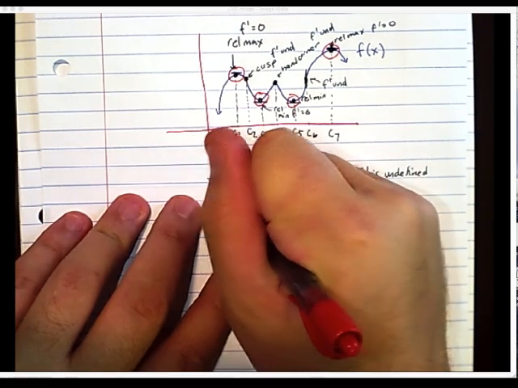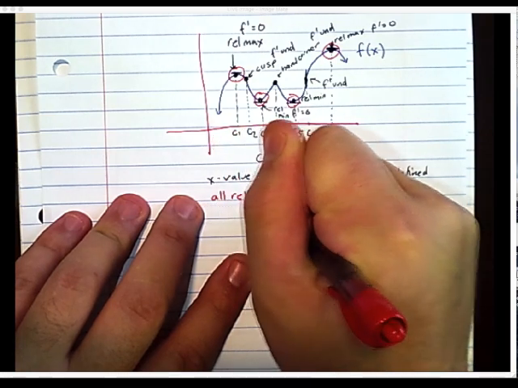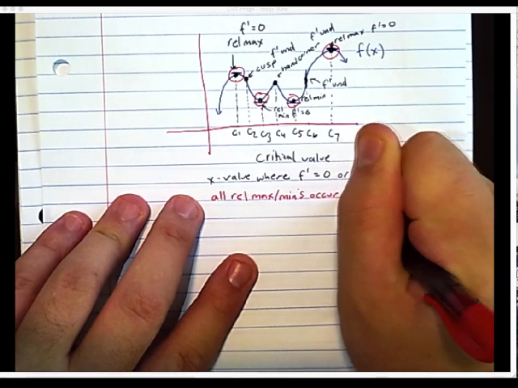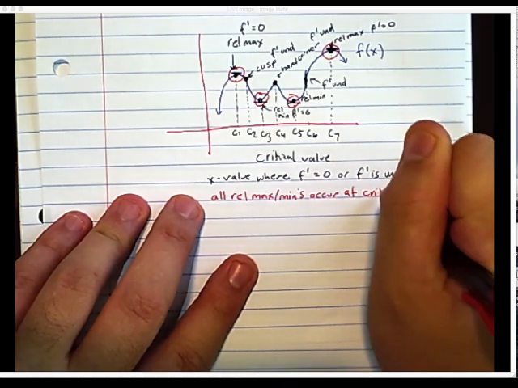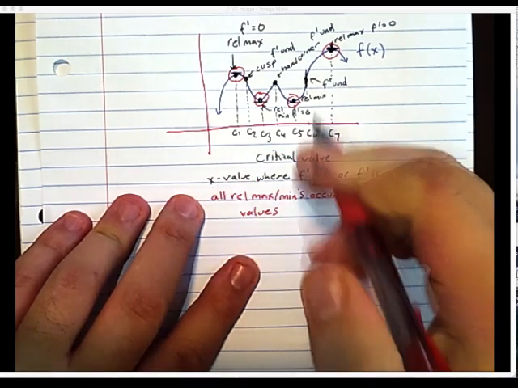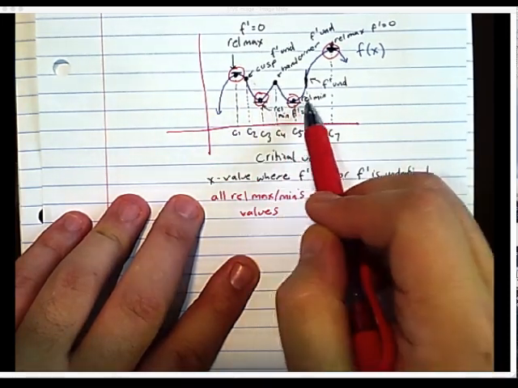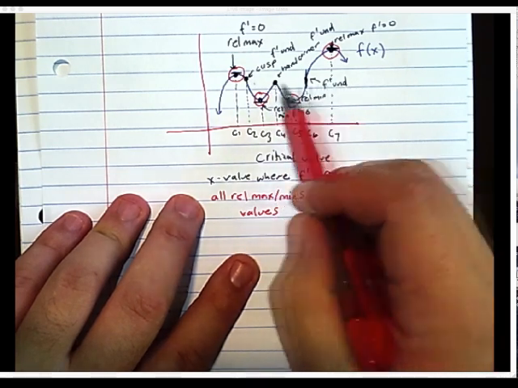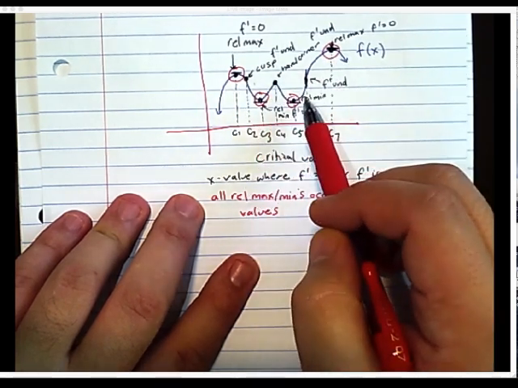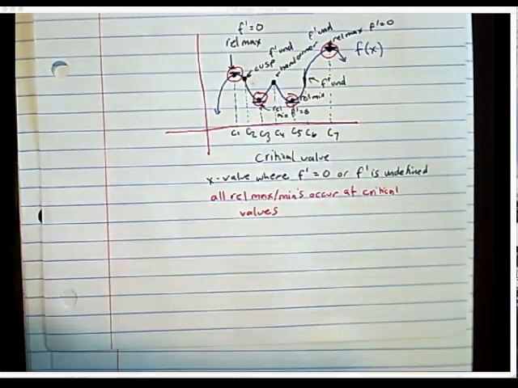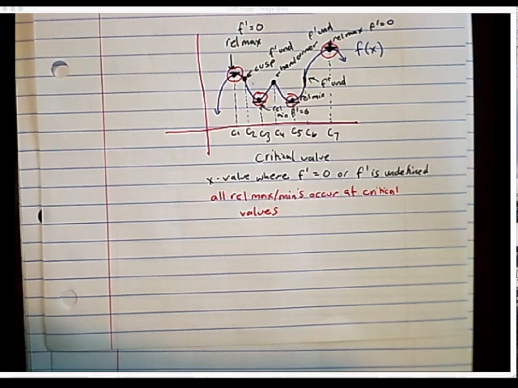So all relative maxes or mins occur at critical values. Some of the other critical values, the other 4, aren't necessarily high points and low points in the graph. So relative maxes and mins always happen at critical values.